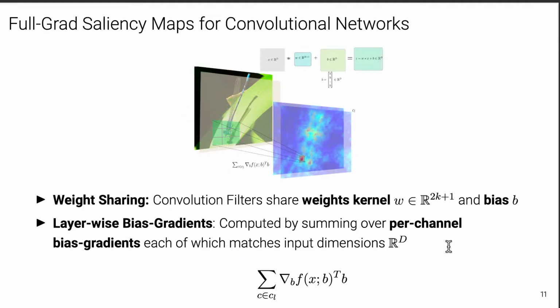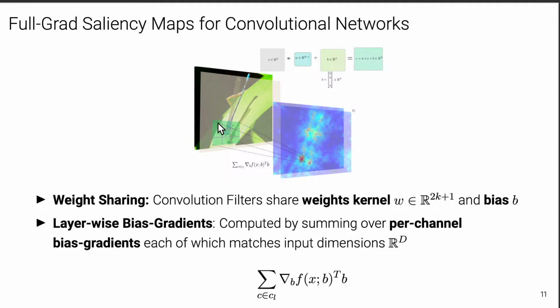The reason this works is that we have a kernel of size 2k plus 1, where for example here we have a 3 by 3 kernel, so k is 1. This weights kernel is going to be convolved with the full input, and let's assume, for example, that this convolution does not cause downsampling.